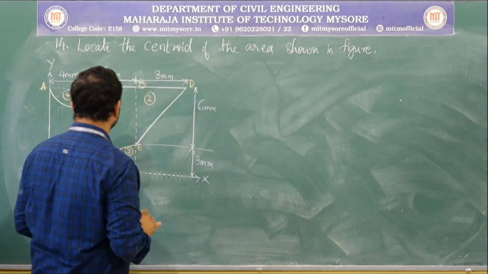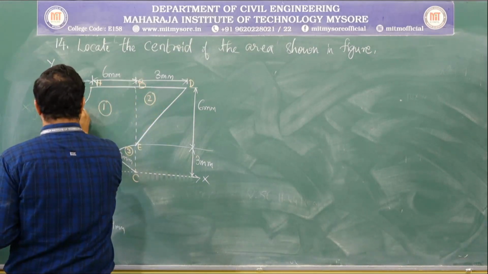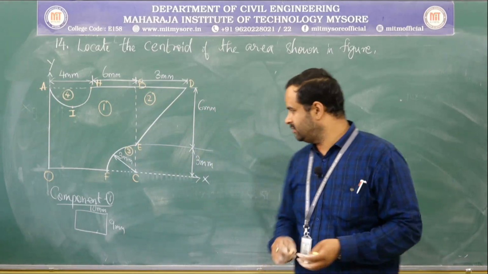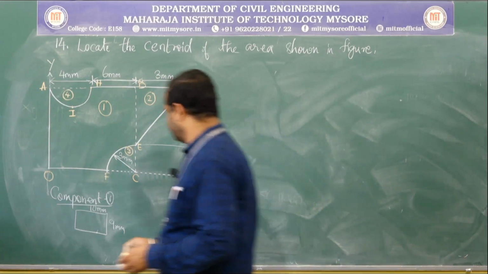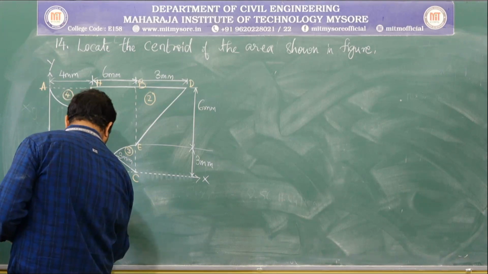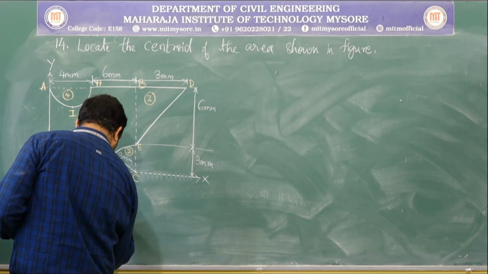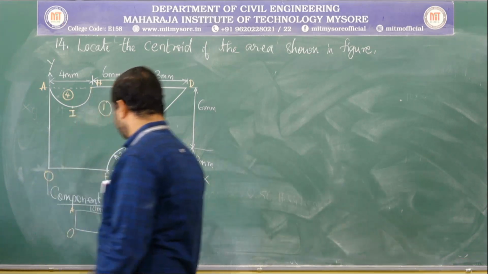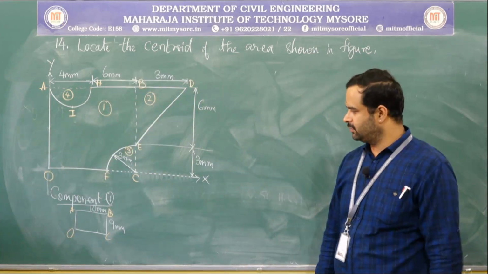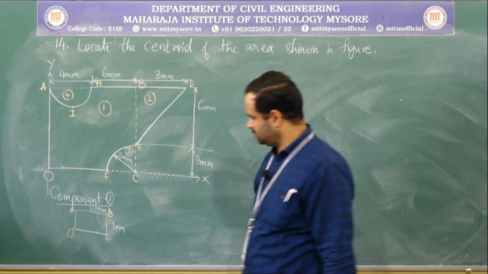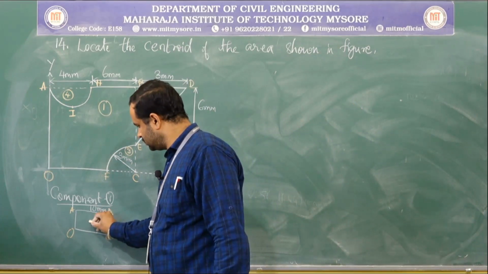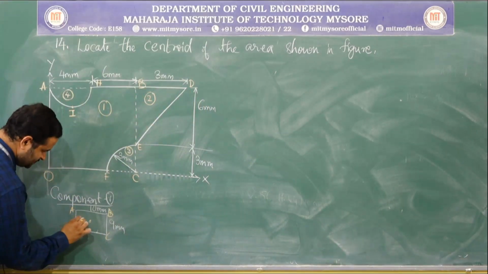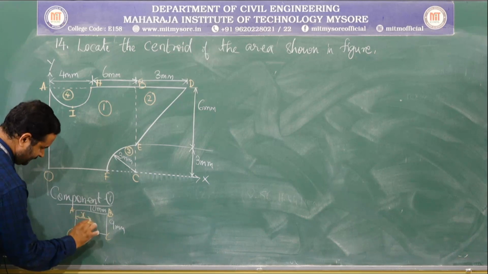So, let me write this as H and this point as I. So, component 1 is ABCO. So, where do you locate the center of a rectangle?